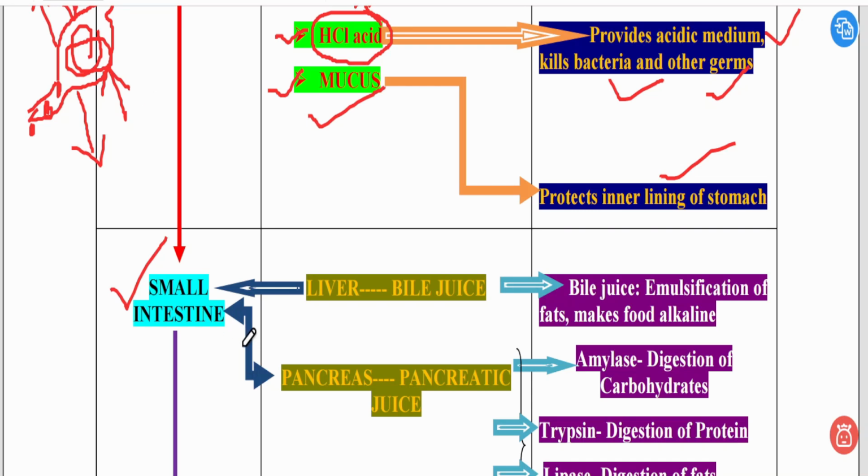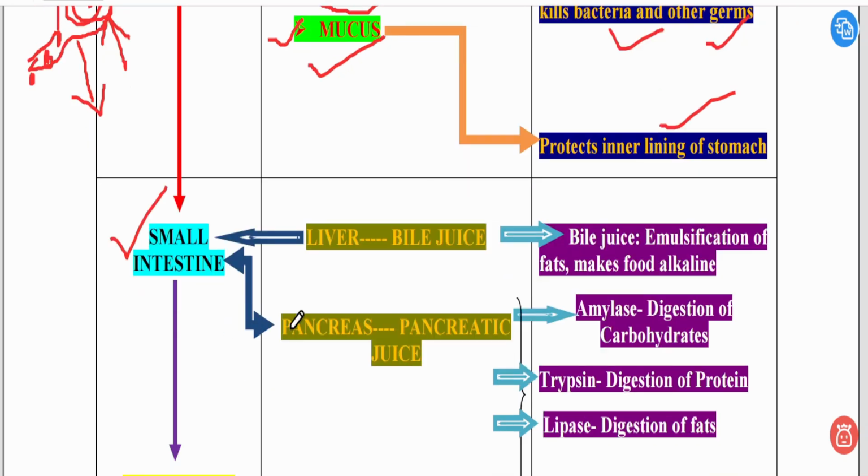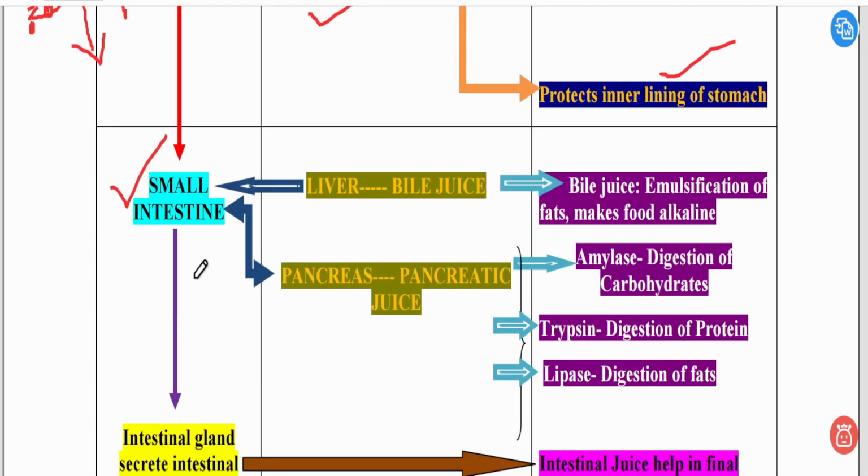Then here in the small intestine, what happens? When the food particles are staying here in the small intestine. So small intestine, why is it called small? Because it has a very small diameter, but the length of the small intestine is very long in comparison to the large intestine.